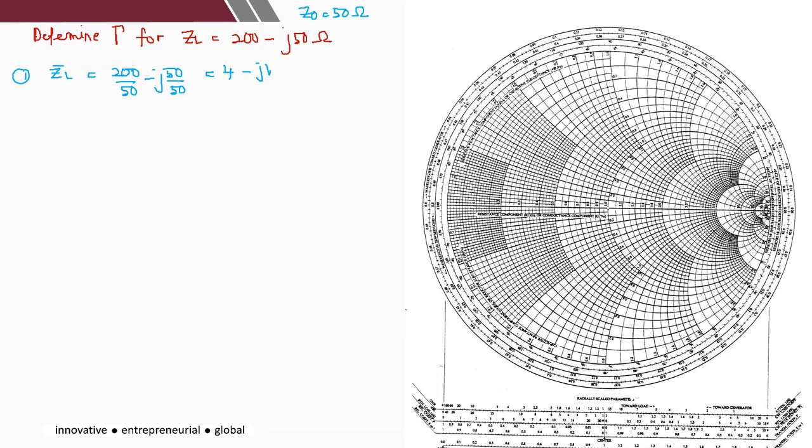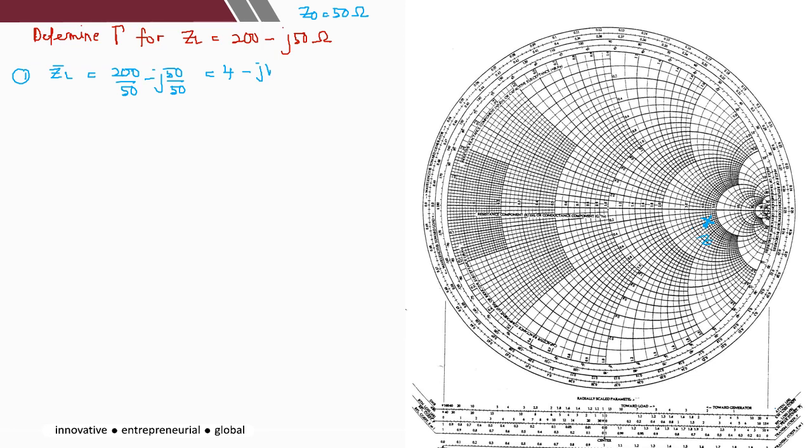You need to plot the normalized impedance point on the Smith chart. It's somewhere around 3, 4, crossing at these lines, so it's there. That's the impedance point.